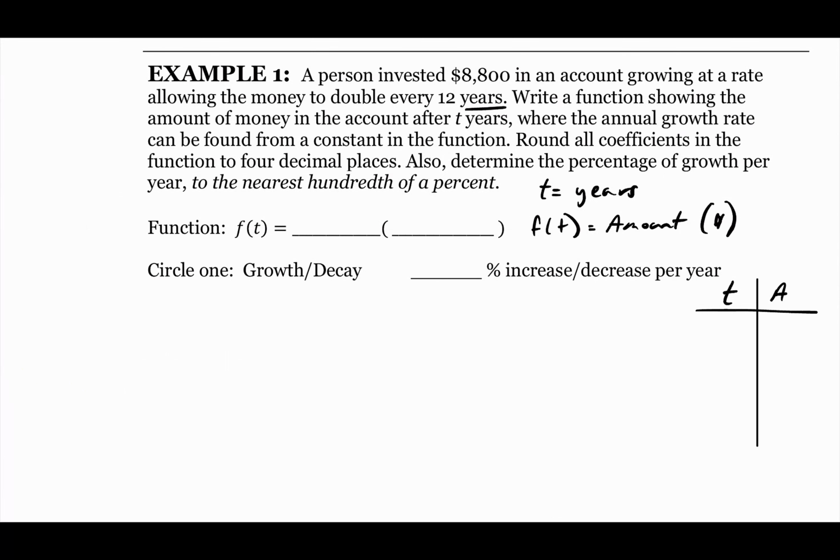So it says the person invested $8,800, so that means initially they had $8,800 in their account. It doubles every 12 years.